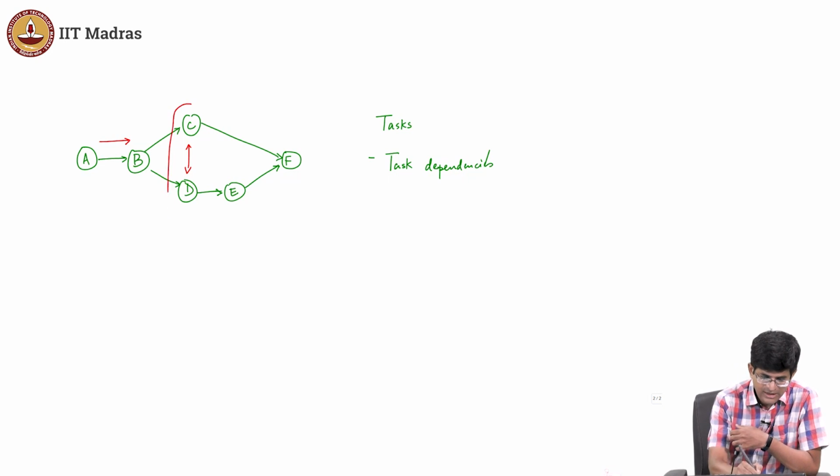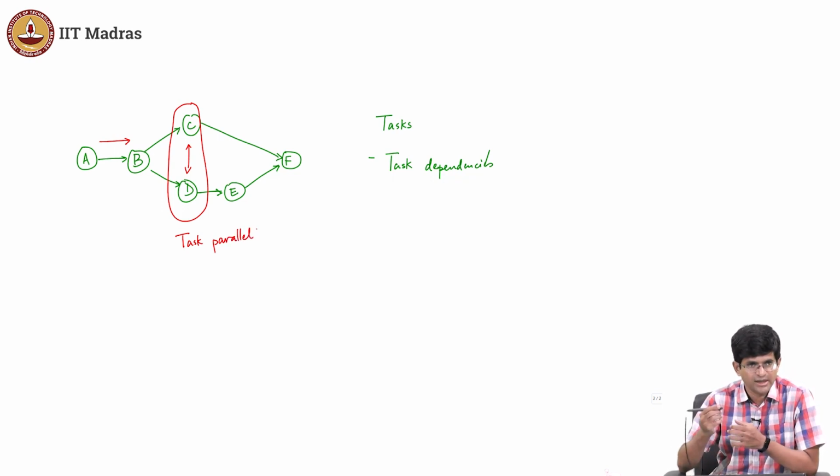So, effectively, in other words, I could probably say that these two tasks are parallel or could potentially be run in parallel, okay. That does not mean necessarily that they actually run in parallel, it is just potential, right. I can do it in parallel, I do not care about the order in which I do C and D. As long as both of them happen after B, that is all that I care about, okay.